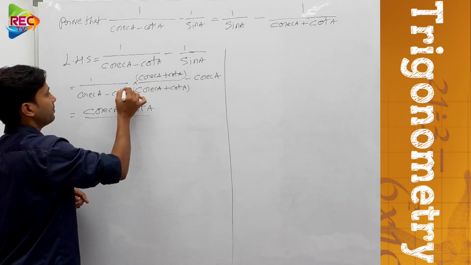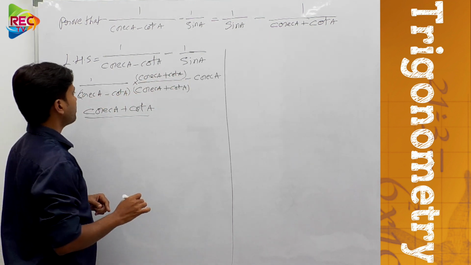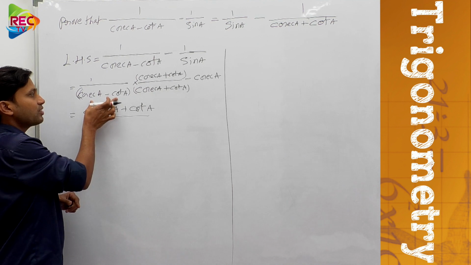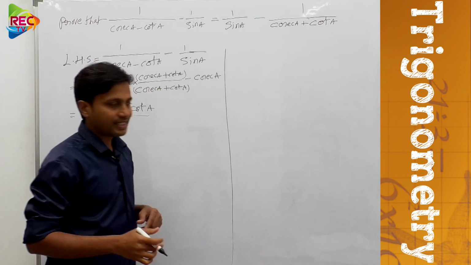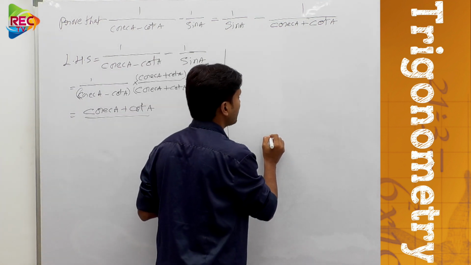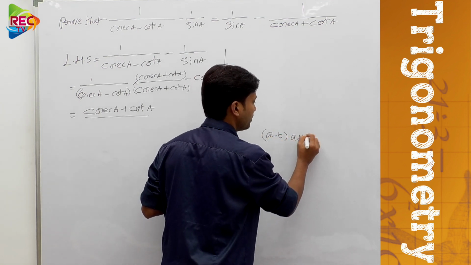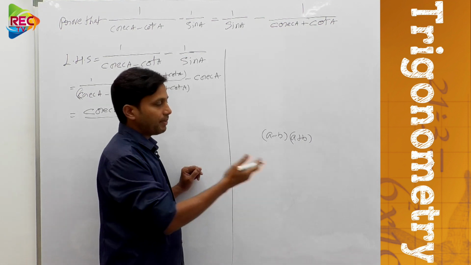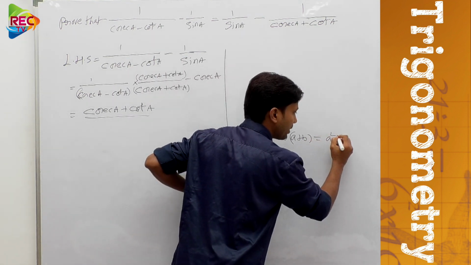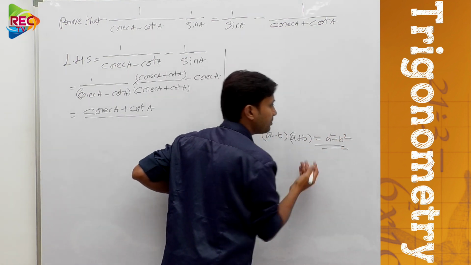What does it become? Cosecant A minus cot A and cosecant A plus cot A is in the form of A minus B into A plus B. On multiplying them we get A square minus B square, which is an algebraic identity.